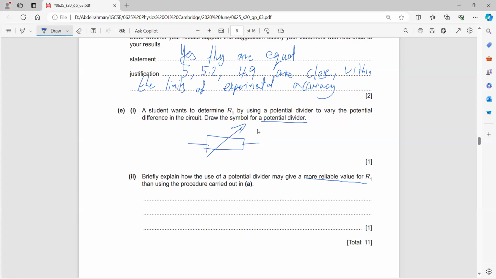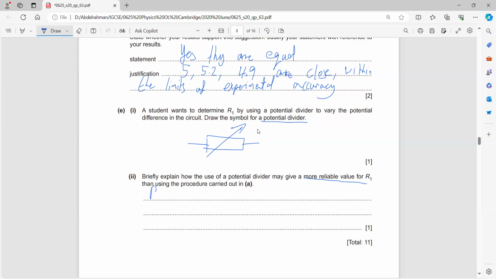I will use it to take more readings. I will take more values for the resistance, the voltage and the current, and measure the resistance. I found three resistances in this question, but I can find four, five, six. Right? I have have to repeat the experiment at least 5 times.